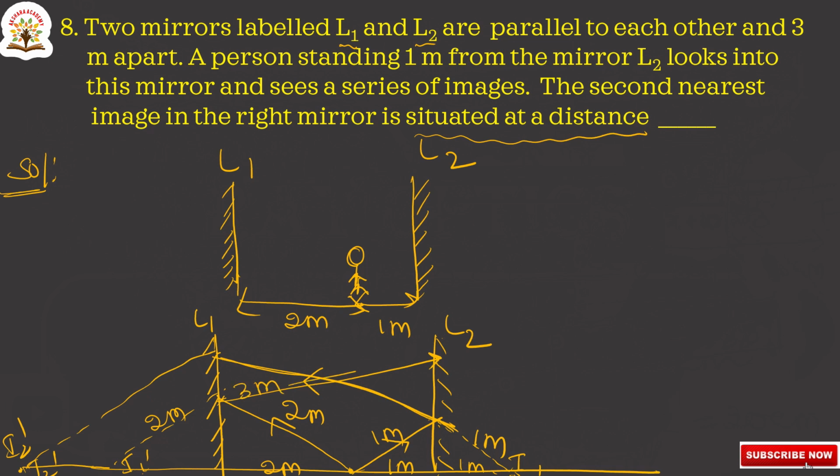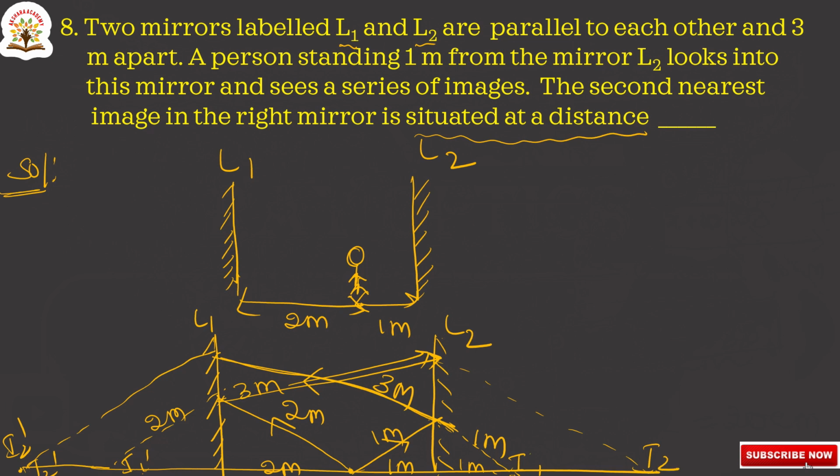This is also 3 meters, and in the second mirror the image is formed at I2. This is I1 and this is I2.